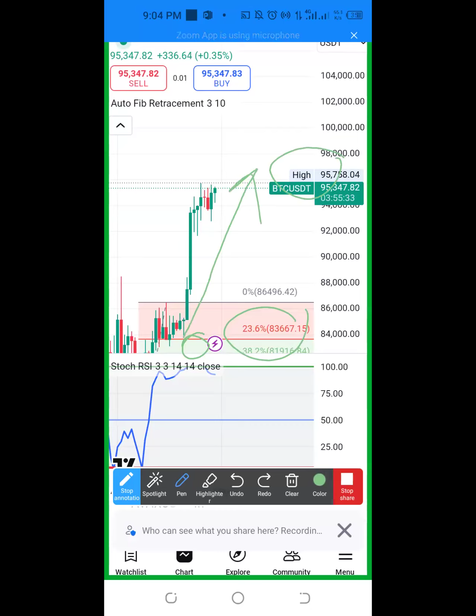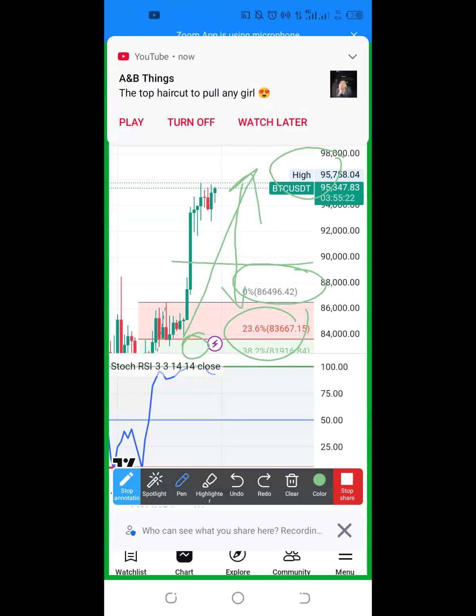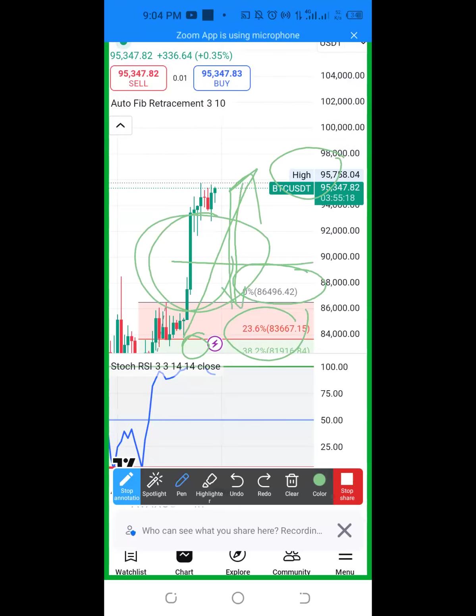Normally, there was supposed to be a pullback down to at least 86,000 or maybe around this price. You see all these candles here? Bitcoin needs to pull back. People that bought from here, all these green candles, they are liquidity. People's money is there.